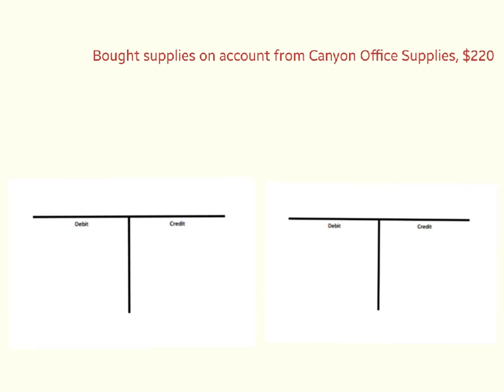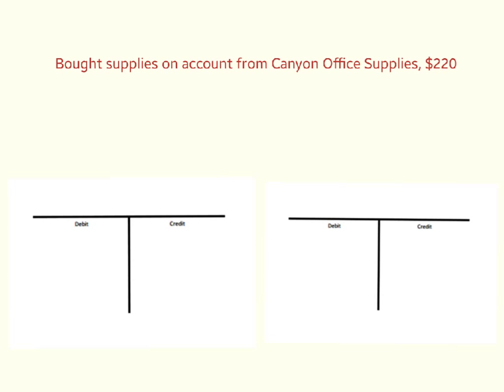Okay, here we go. We bought supplies. Supplies is our first account. Then it says we bought them on account from Canyon. Okay? Accounts payable, right? We bought it on account, so we're going to owe later.